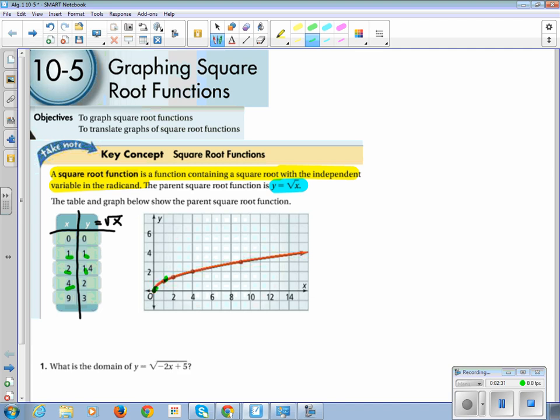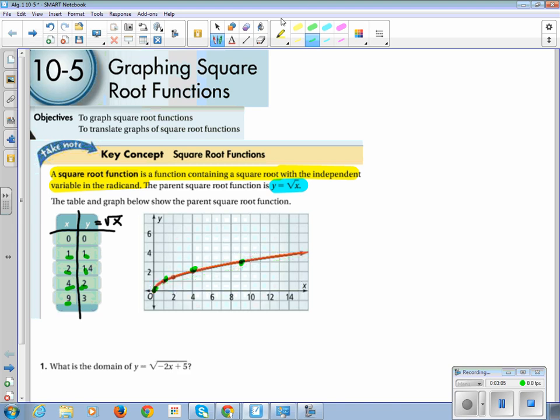So we've got square root of 4 is 2. So we go over 4 up 2. Then we skip to 9 because 9 is our next perfect square. So we go square root of 9 is 3. So once we have those basic points, we draw a smooth curve along that line.